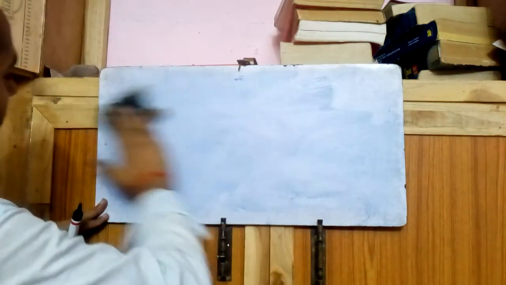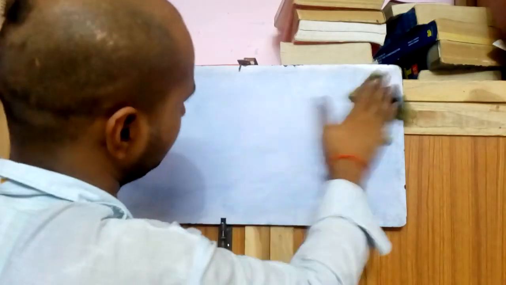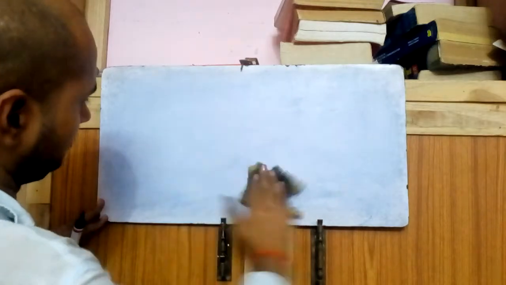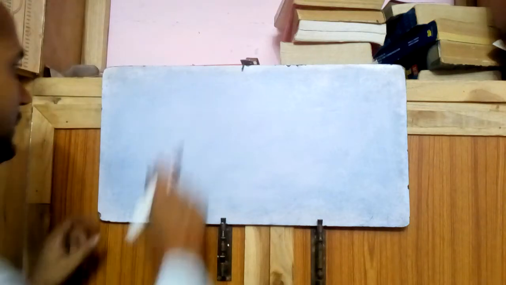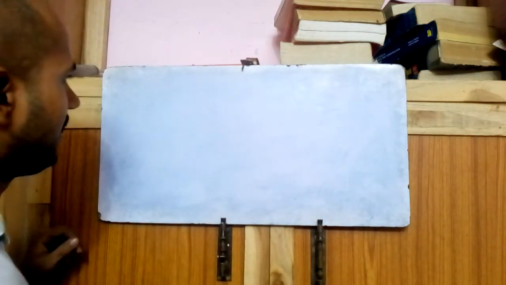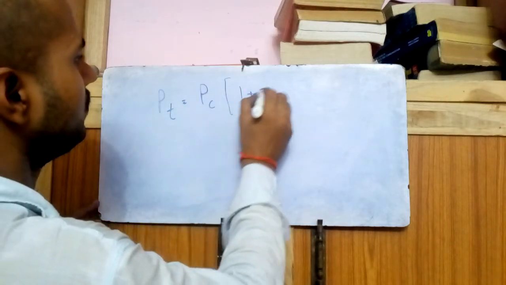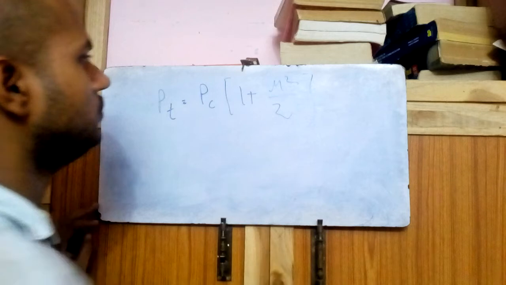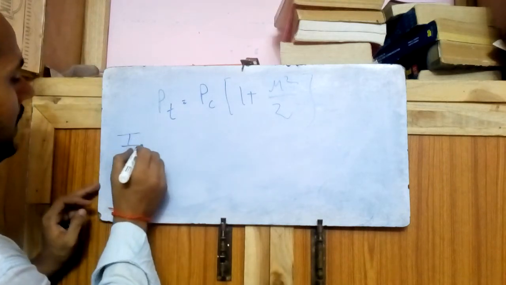What is the relation between transmitter current and carrier current? We know the formula of power, PT = PC (1 + mu square by 2). We know that P is I square R, so PT is IT square R, where IT is the transmitter current, and PC is IC square R, with IC the carrier current, times (1 + mu square by 2).